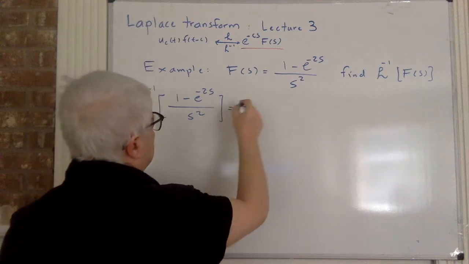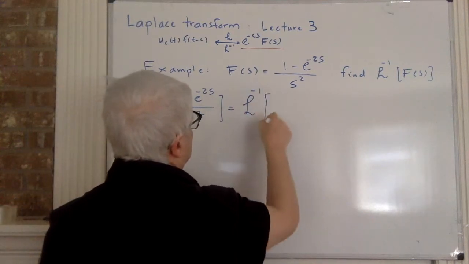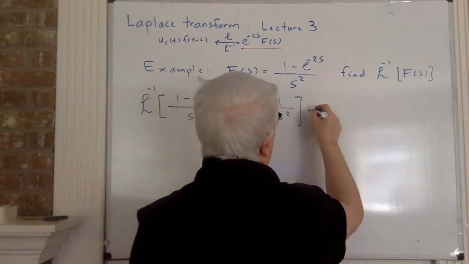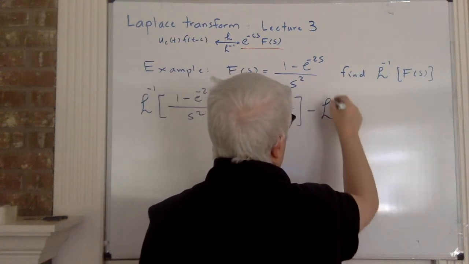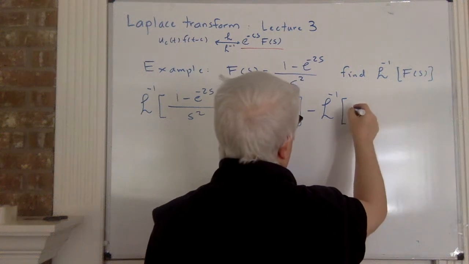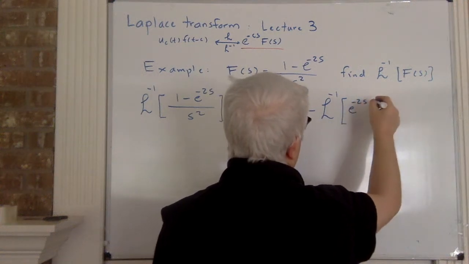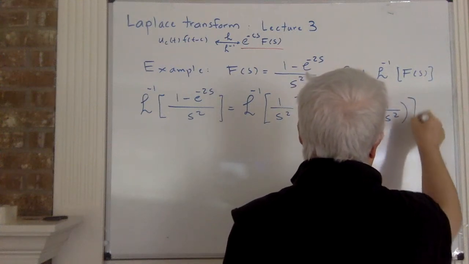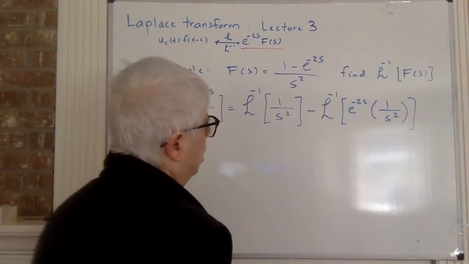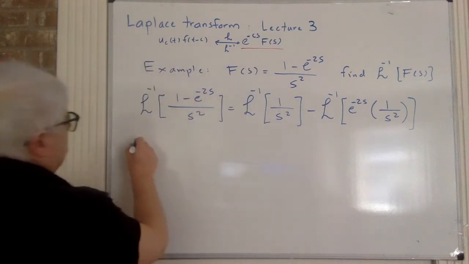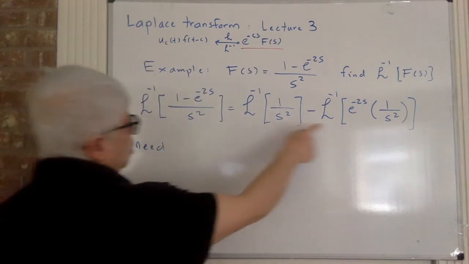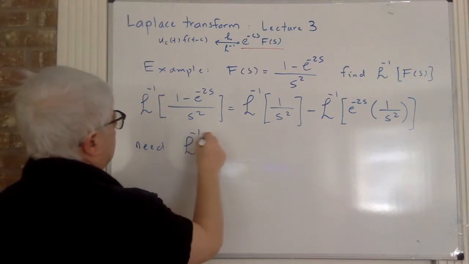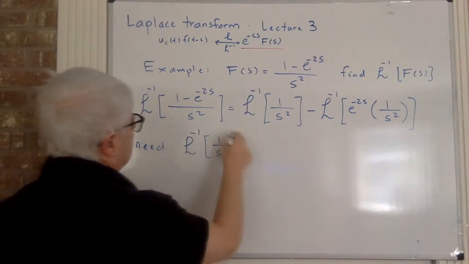I know that L inverse is linear, so it is L inverse of 1 over s squared minus, in fact, L inverse of, as I said, bring this out, times 1 over s squared. So basically I need L inverse of 1 over s squared.